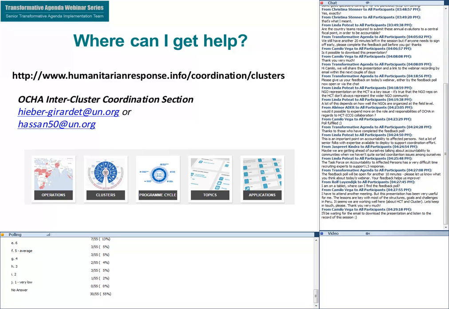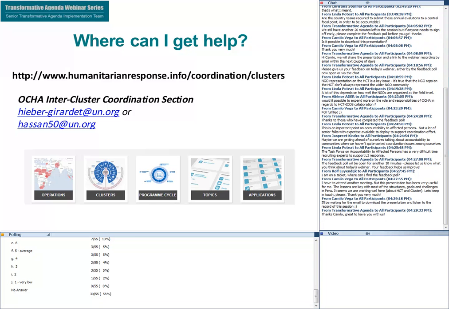Very briefly, I think that the humanitarian coordinators need to make the effort to go down to the cluster coordinators and meet them either at the ICC or ICG level or even in the field.